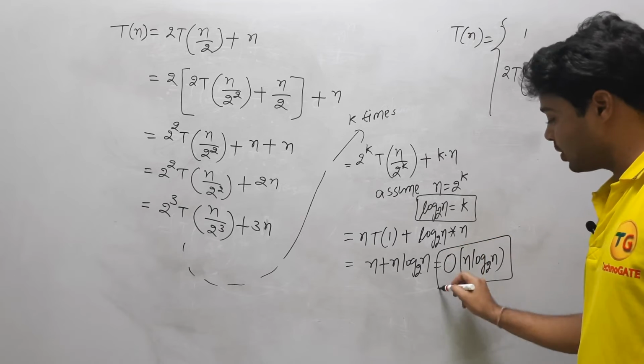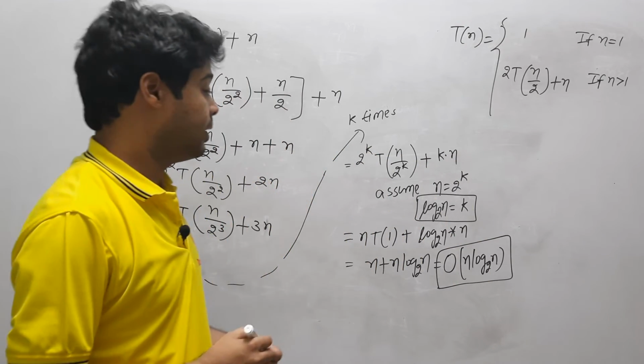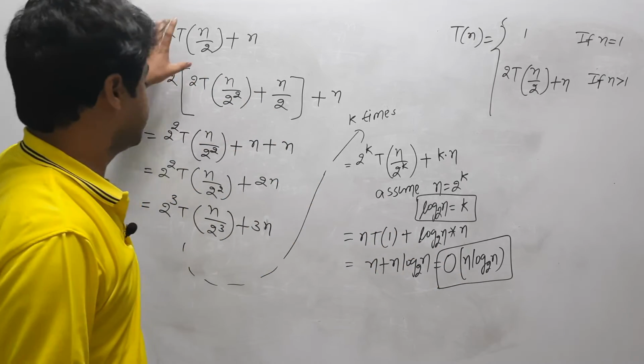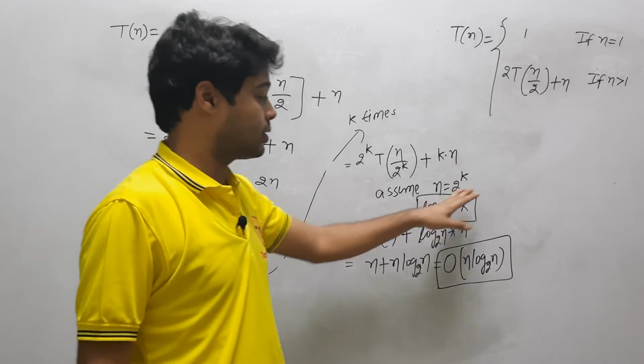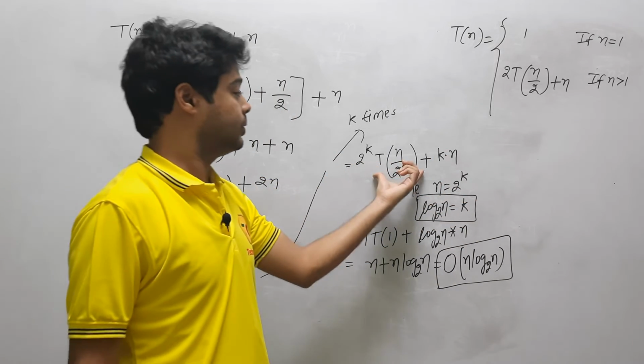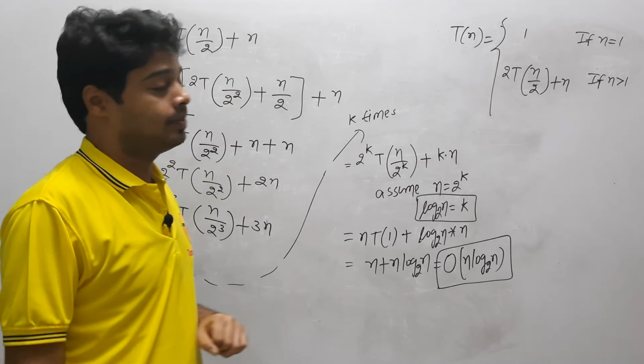Order of n log n. So the time complexity of merge sort is order of n log n, and quick sort best case is also order of n log n. Whenever you see division, always assume n equals 2 raised to power k, because you make it 1. If n is 1, then it returns from here.